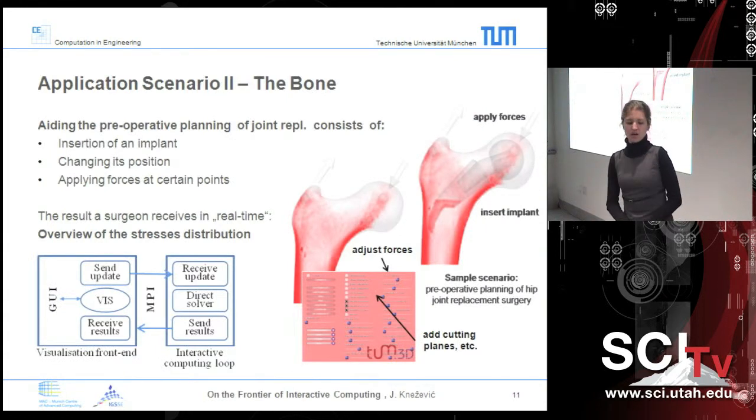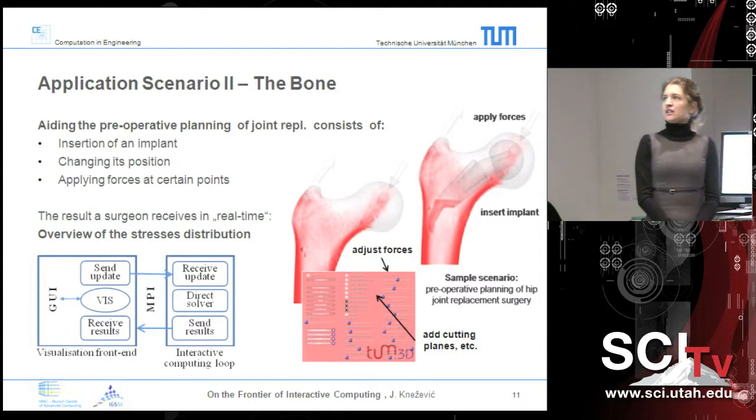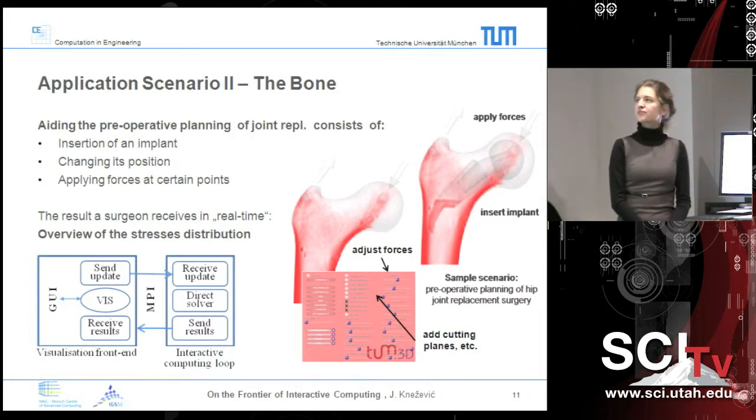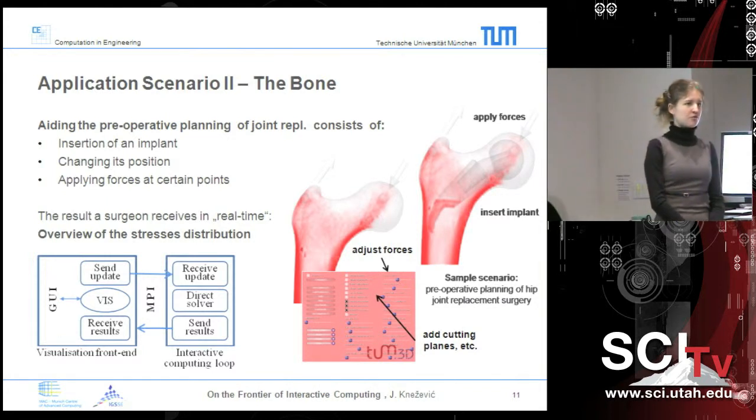And now I would come to the scenario that I promised also in the abstract. It is about a tool for preoperative planning of hip joint replacement, and the need for such a tool comes, as you know, also from your own medical applications, from the fact that every patient has his own specific issues.